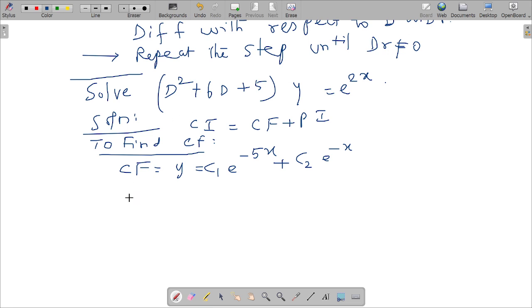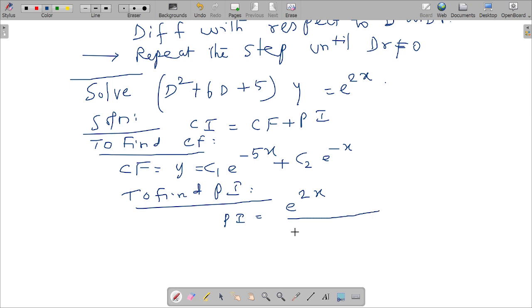As I told, the particular integral equals right hand side by left hand side. Right hand side is e power 2x, the left hand side is f of d, d square plus 6d plus 5.